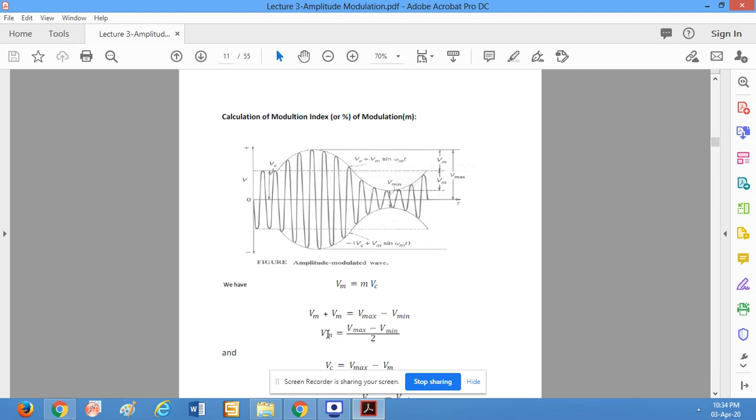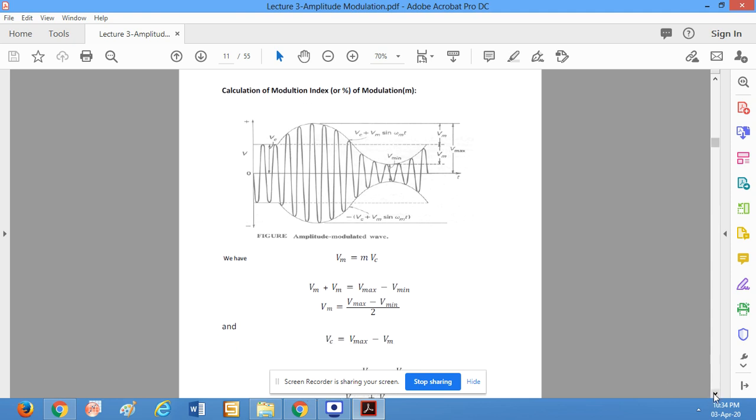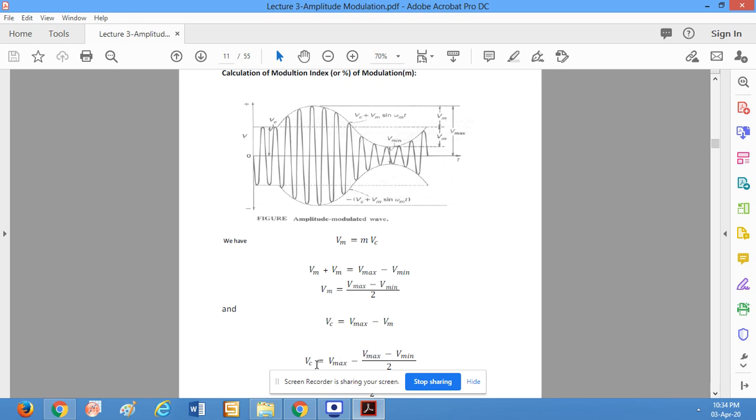So from this equation, we get Vm equals (Vmax minus Vmin) divided by 2. Then Vc from this figure can be calculated as Vmax minus Vm.